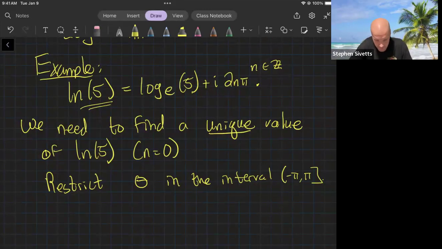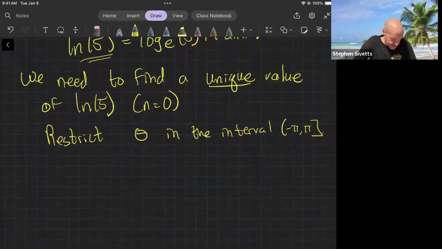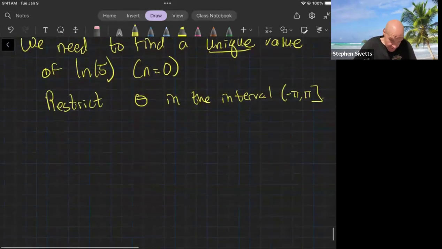Okay, minus pi up to pi. We don't include minus pi because that wouldn't be a function, right? And from here, we will have what is called the principal logarithm.